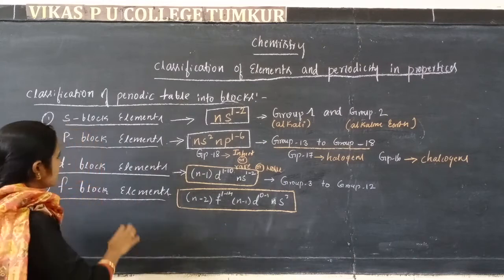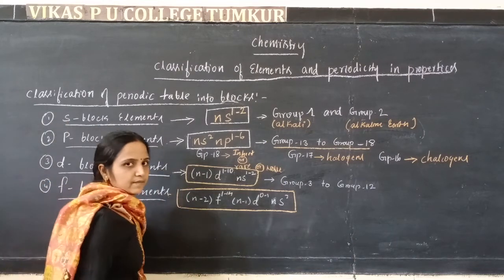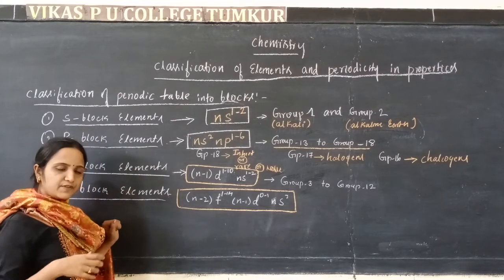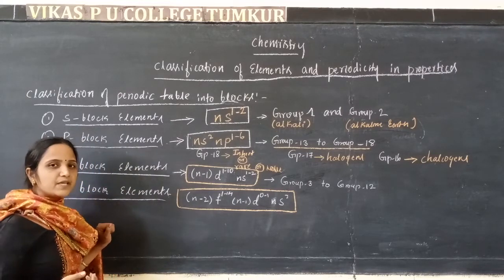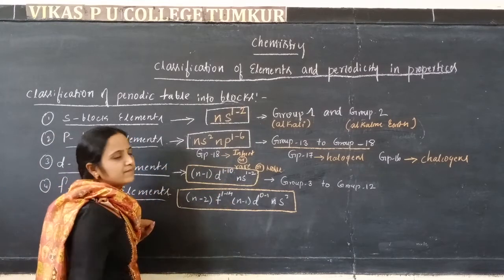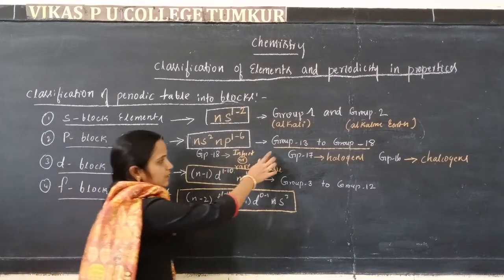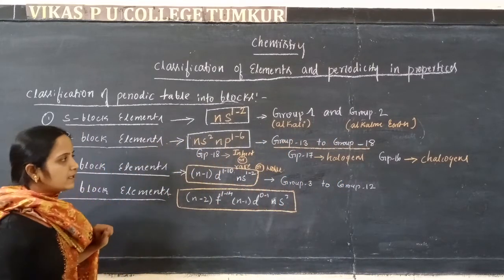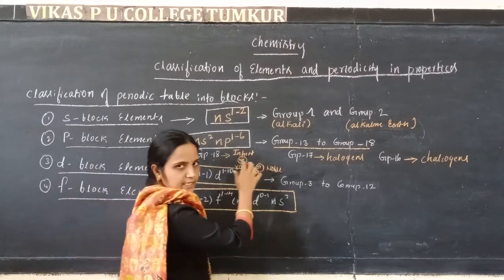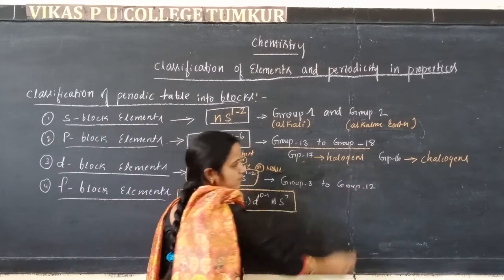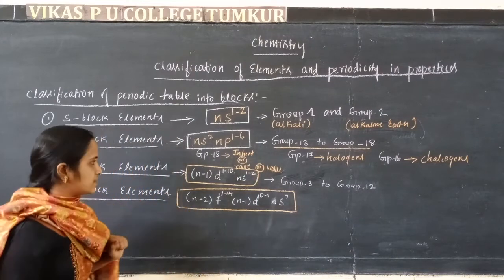In the p block elements, the differentiating electron enters the p orbital of the valence shell. Groups 13 to 18 belong to the p block. Group 18 we call inert gases, group 17 halogens, and group 16 chalcogens.